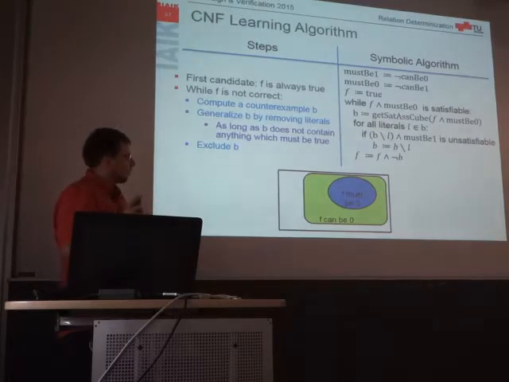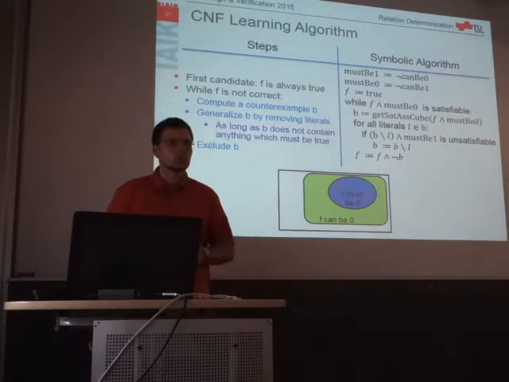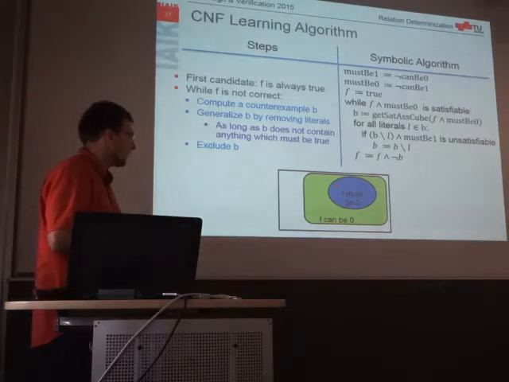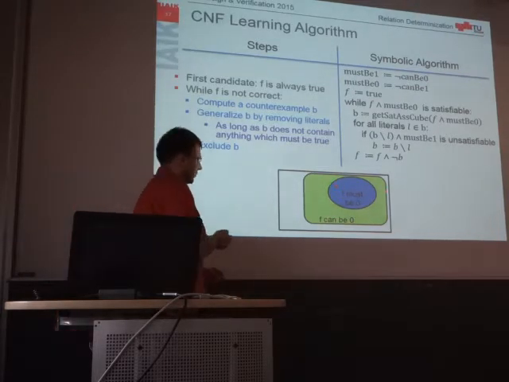So again, we find one counterexample. We say, okay, for this dot, it should actually be 0, so we should exclude this from our function f. But now we try to drop one literal from this cube, and what happens? The region gets larger, because now we have one variable less that restricts this red dot.